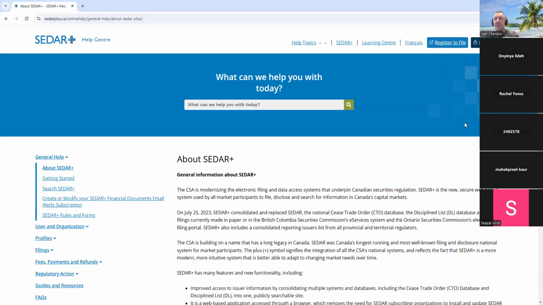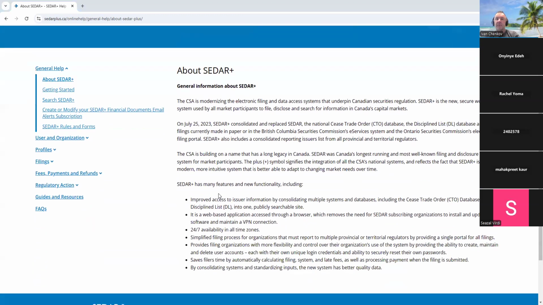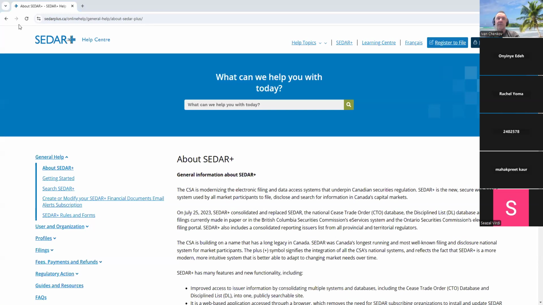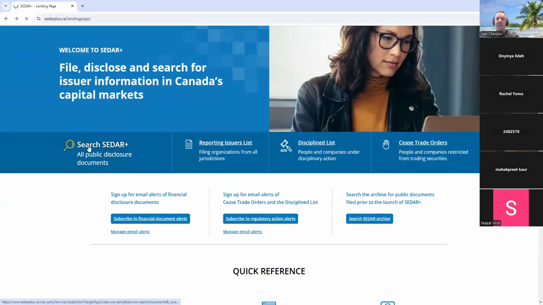What that means is that all the publicly listed companies in Canada have to post their financial statements here. You're going to see what's about the website, what they have to do, users, organizations, profiles, filing, fees, payments, refunds, everything that you need to know if you want to post on Cedar. That's not our objective. Let's go and check the companies now.